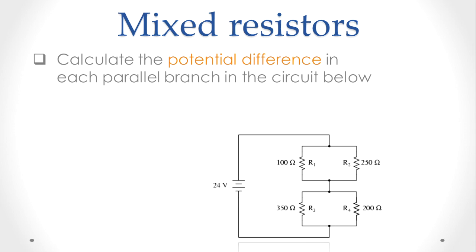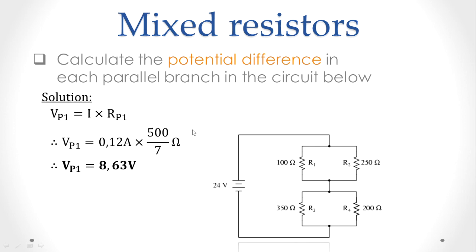Okay, working out the potential difference in each parallel branch, because remember that because they are in series to each other, the potential difference is divided in a series connection, so they won't both experience 24 volts, which is the total voltage. It will be split between them. So we've got the current. We now multiply the current with the resistance in this parallel connection, which we've already worked out, and you get 8.63 volts.